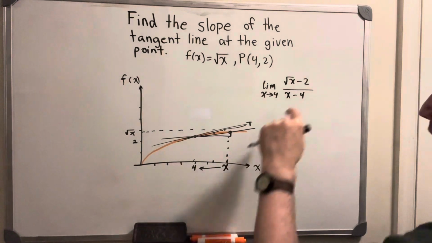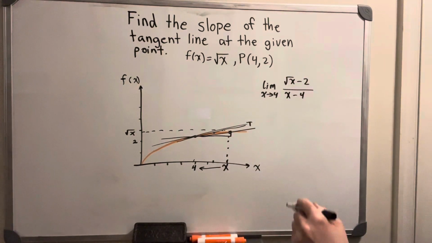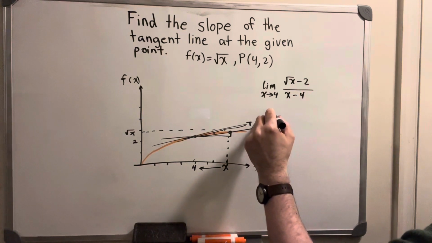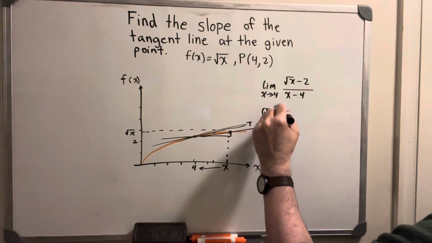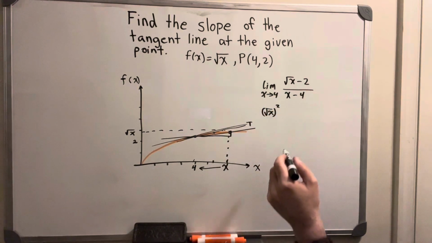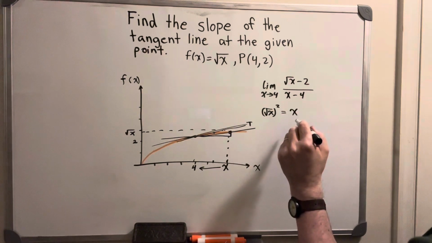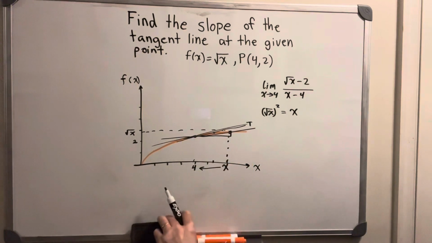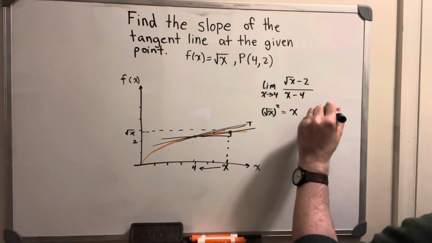Why do I mention this right now? Now, we don't have any squares in this, but if you don't see it already, what is the square root of x, squared, equal to? It's equal to x, right? And look, what is 2 squared?